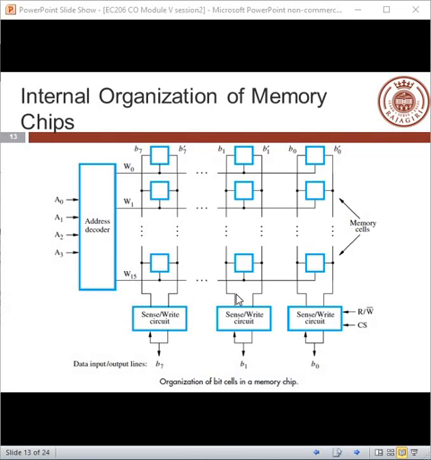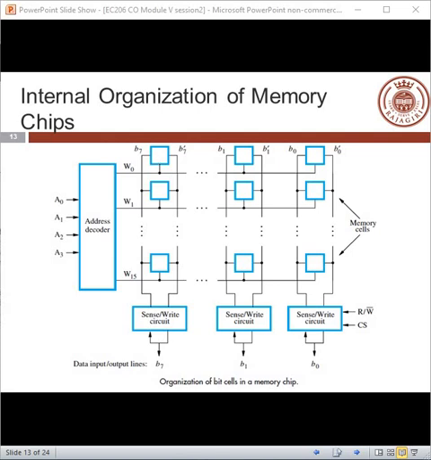At the output or input port, we will have a sense/write circuit. The sense/write circuit is nothing but a read or write circuit. Based on the read or write signal, data is either produced on the bit lines B0 to B7 or taken from the bit lines to storage.